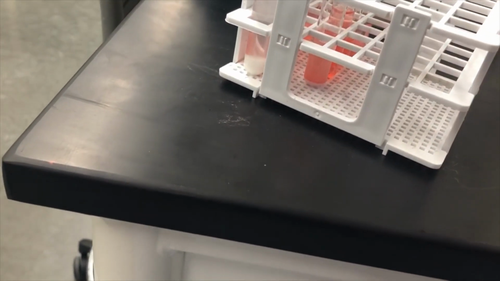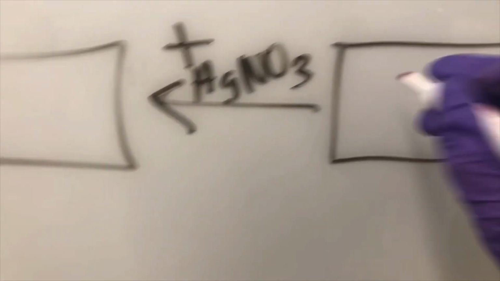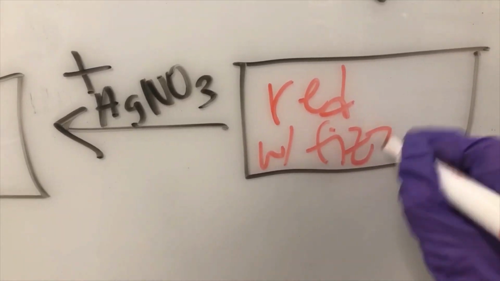It is fizzing a little, but it's kind of hard to see on the video because there's small bubbles, but there is some fizzing present. It turned red with fizzing.